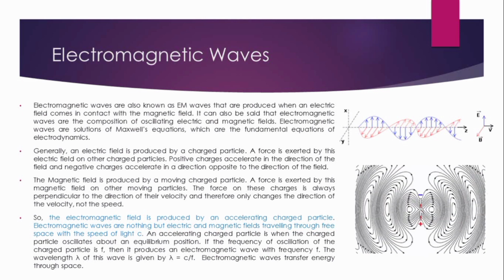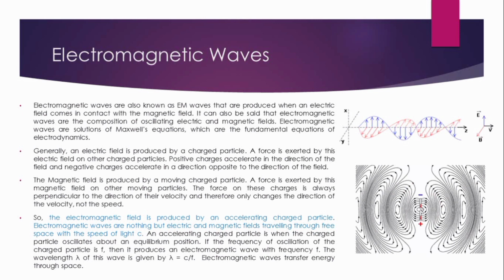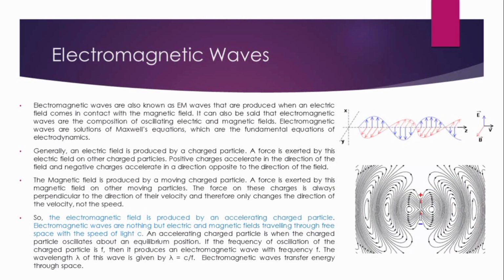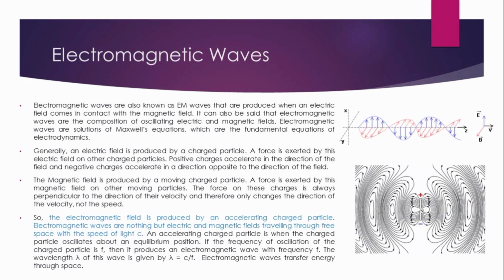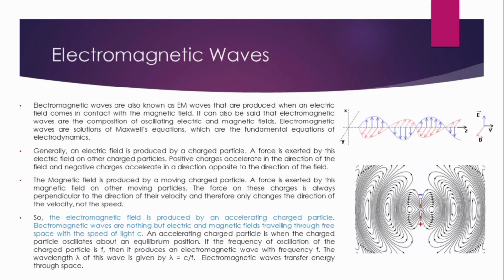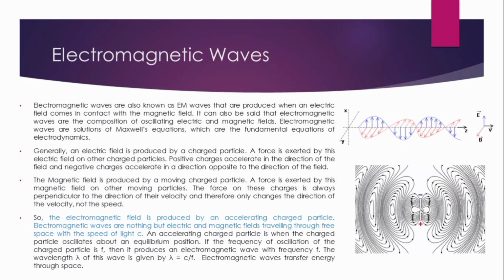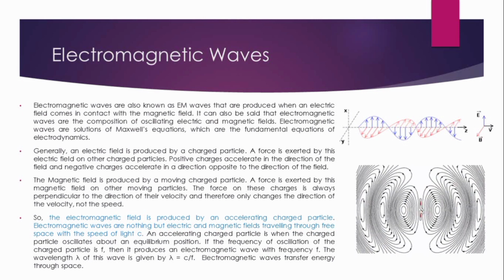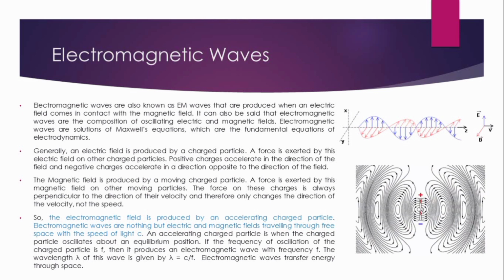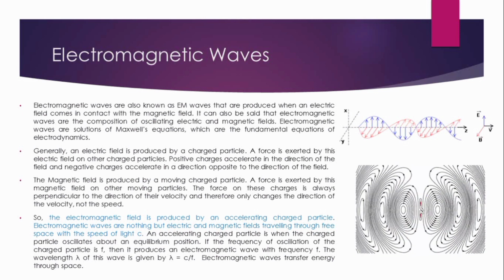The electric field, shown in blue arrows, oscillates in the positive and negative x direction, as you can see on the left side, and the orthogonal magnetic field, shown in red arrows, oscillates in phase with the electric field but in the positive and negative y direction.